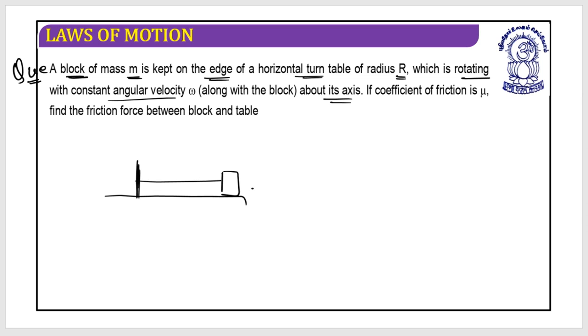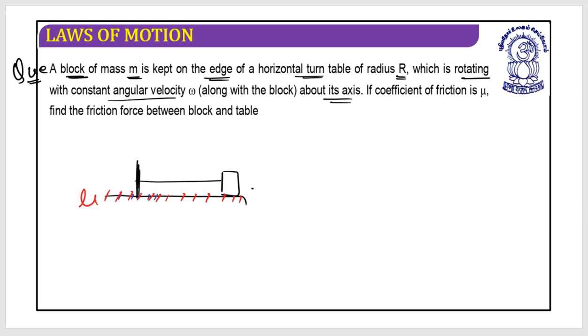It has a coefficient of friction mu. If the coefficient of friction is mu, find the friction between the block and the table.